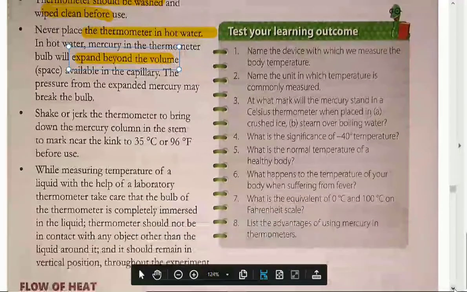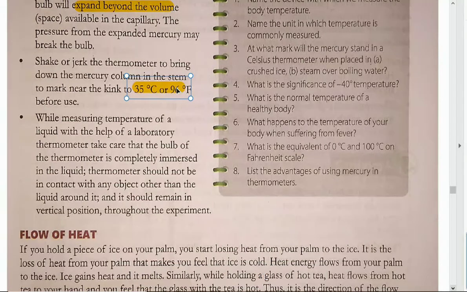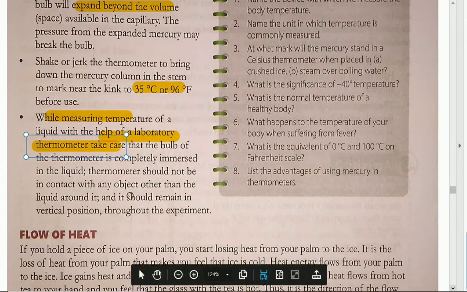And first, we have to shake or jerk the thermometer so that the temperature comes down. While measuring the temperature of a liquid, we have to use a laboratory thermometer instead of a clinical thermometer, and it should remain in a vertical position.